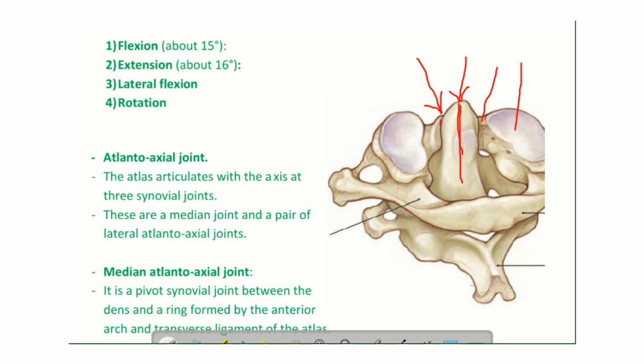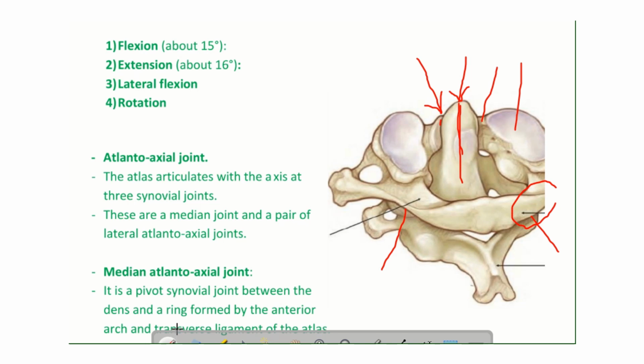This is the lateral atlanto-axial joint between the superior articular facet of the axis and the inferior articular facet of the atlas on both sides.